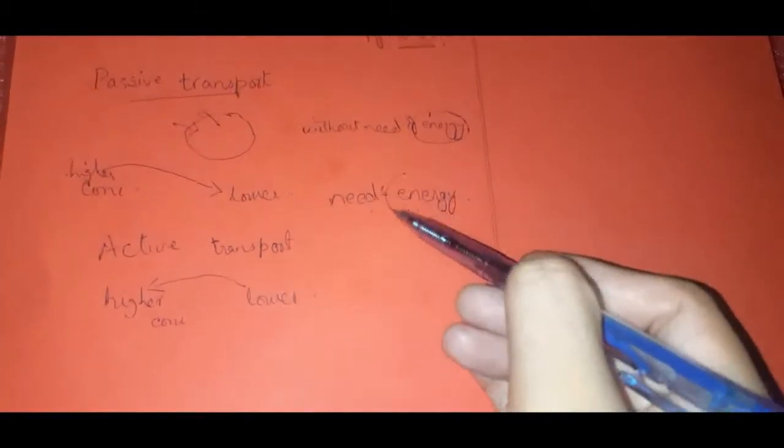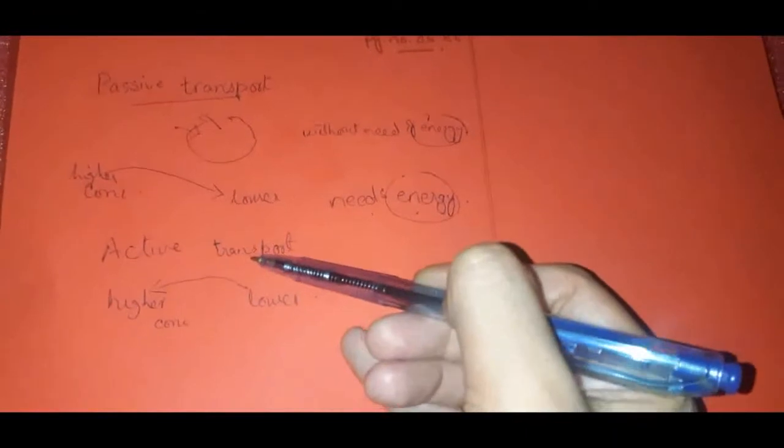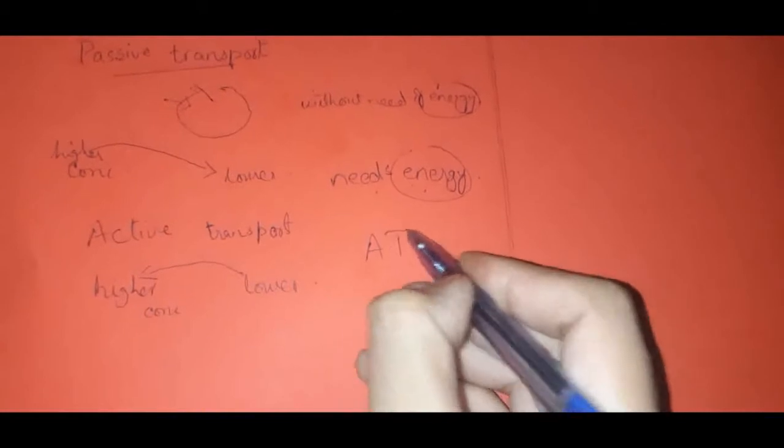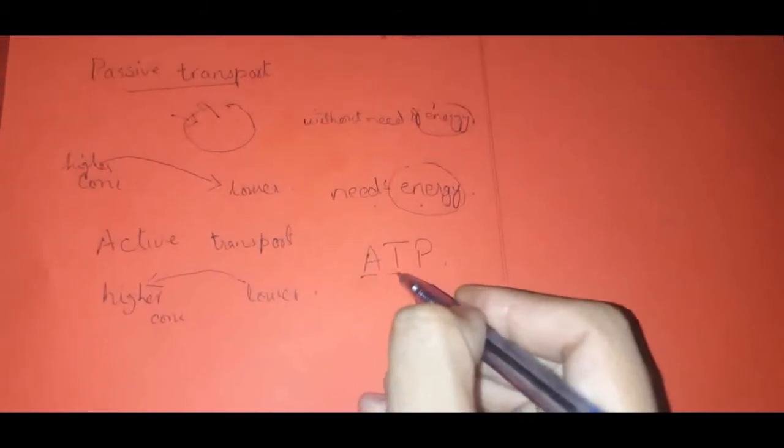Okay, so we use the term energy in the case of active transport, not in the case of passive transport. And as we are talking about cells and living bodies, to memorize it, in a living body the energy is always in the form of ATP, or adenosine triphosphate.